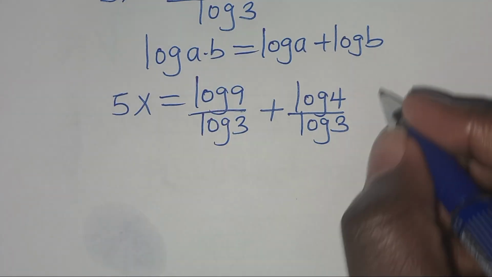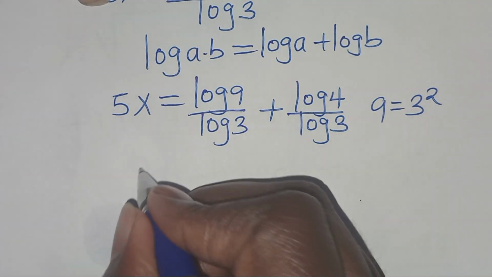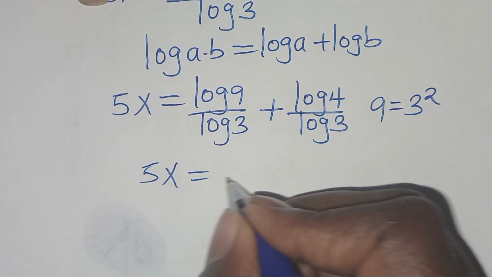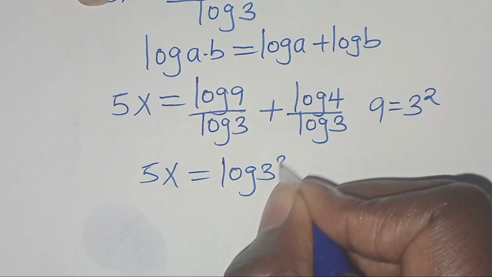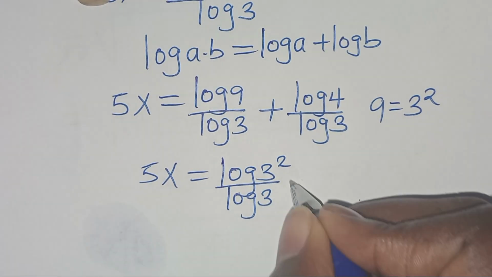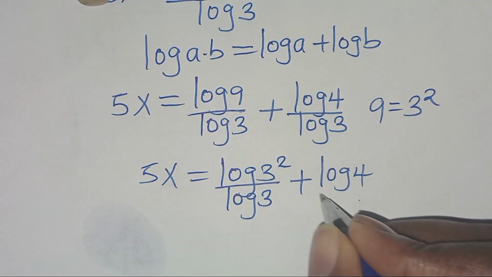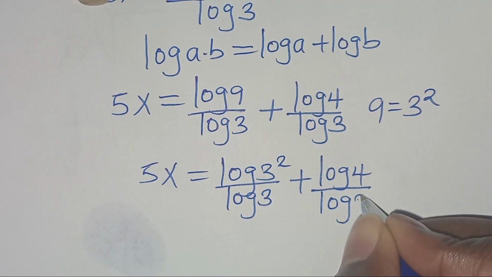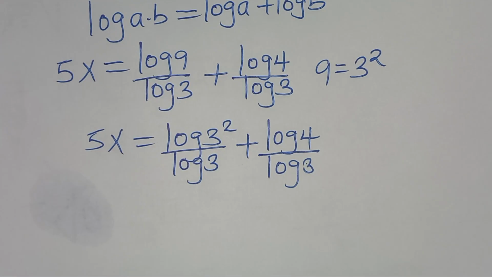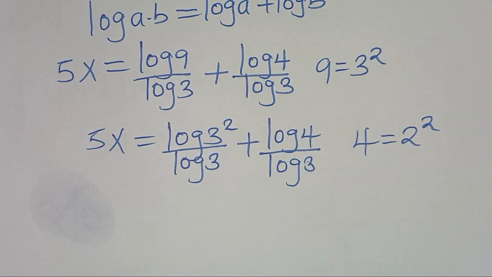The next step is that we can express 9 as 3 to the power of 2, so that we have 5x is equal to log 3 to the power of 2 divided by log 3, then plus log 4 divided by log 3. We can express 4 as 2 to the power 2.